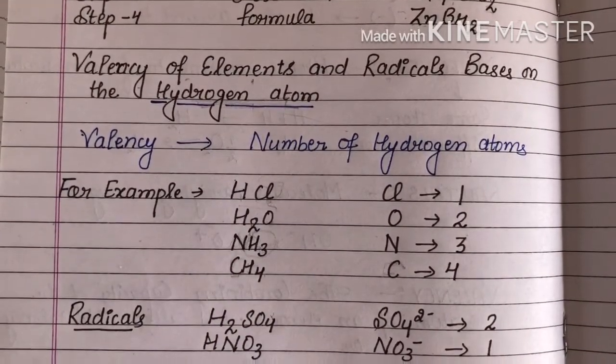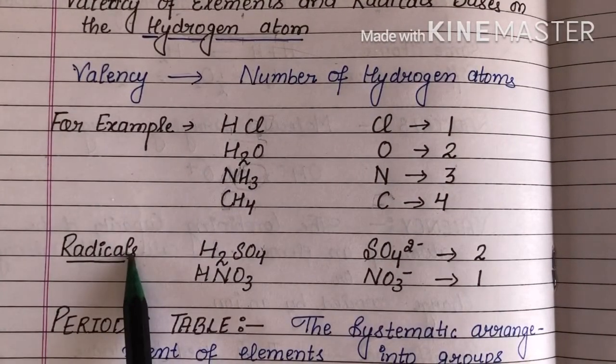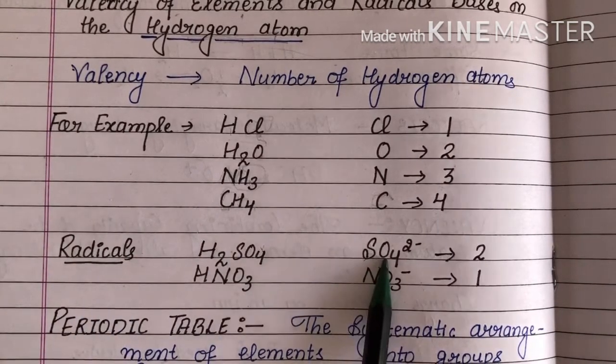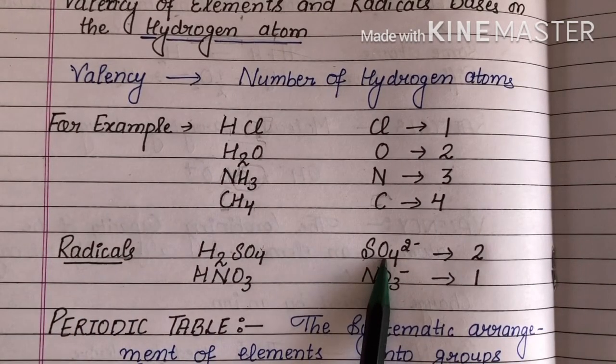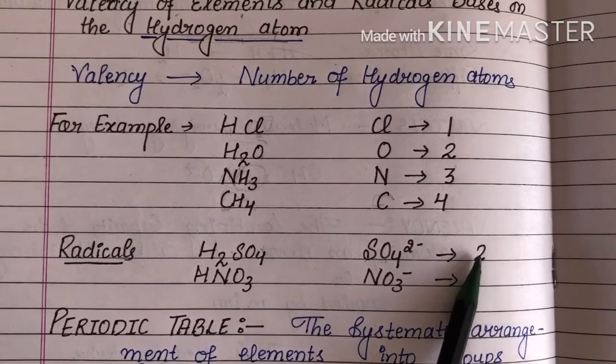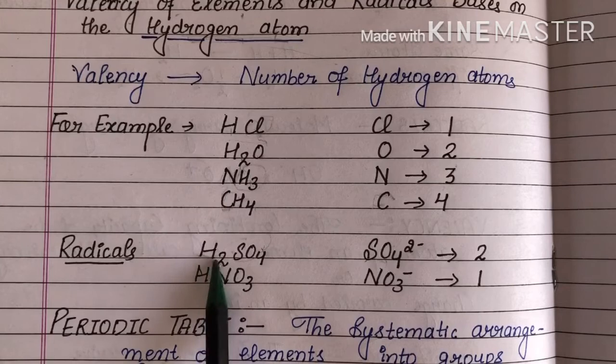So next we will see the example of radicals. In the case of sulfate ion, valency is 2. Why is its valency 2? Because it combines with 2 hydrogen atoms.